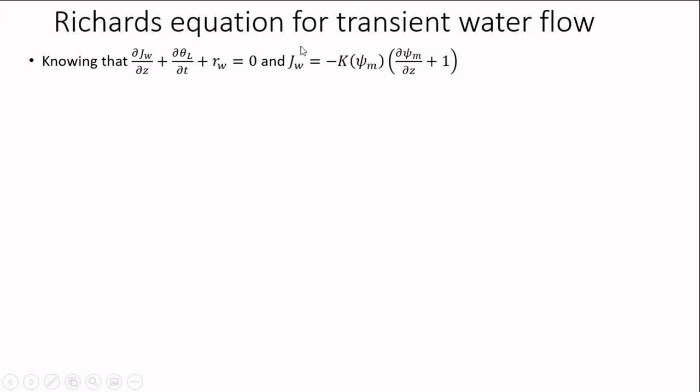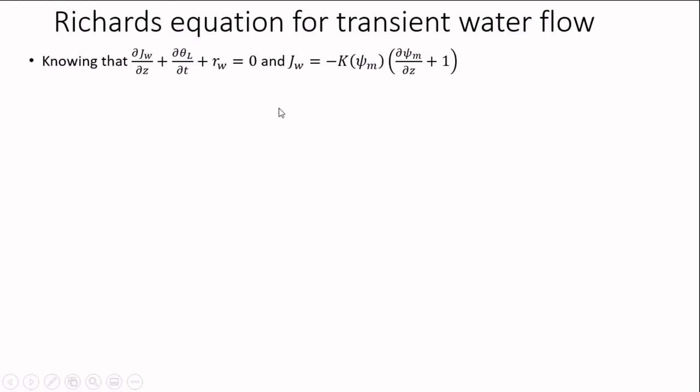So the water flux equals the unsaturated hydraulic conductivity, which is a function of matric suction, times, in the bracket, the spatial derivative of the matric suction plus 1. The plus basically means it's oriented upward, and the 1 here is the effect of gravity.